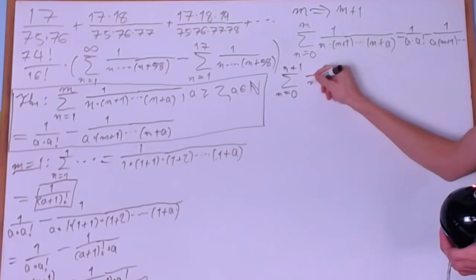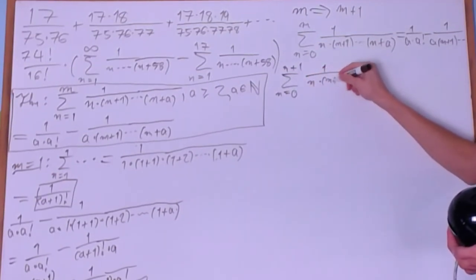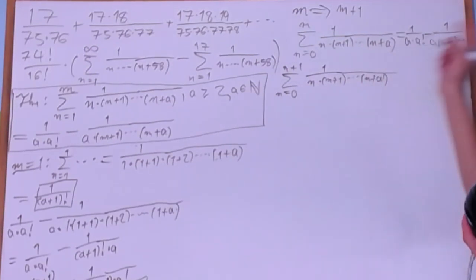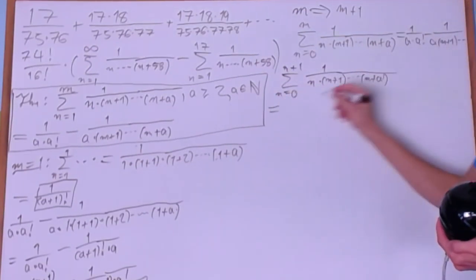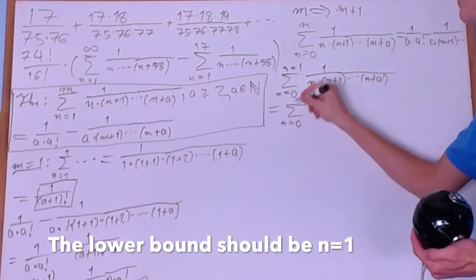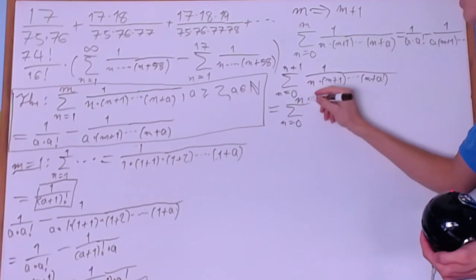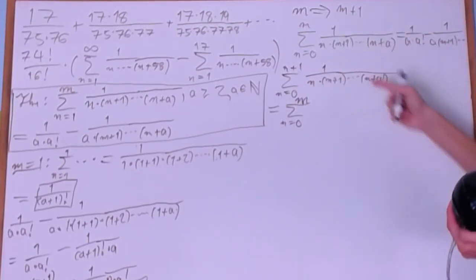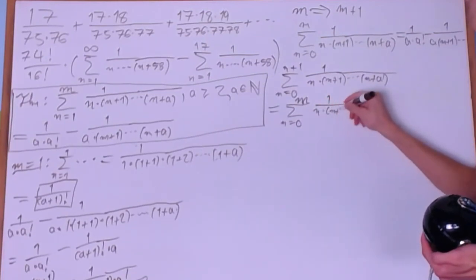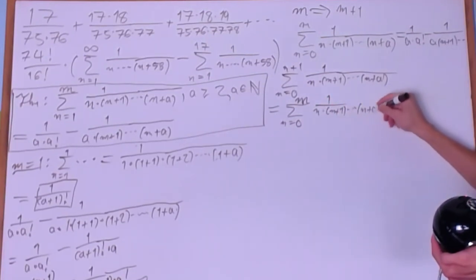So it's the sum of 1 over n times n plus 1 all the way up until n plus a. What you should note is that these partial sums I can split up into the sum from n equals 0 until m, very clearly, this is going to be important, of 1 over n times n plus 1 all the way up until n plus a.